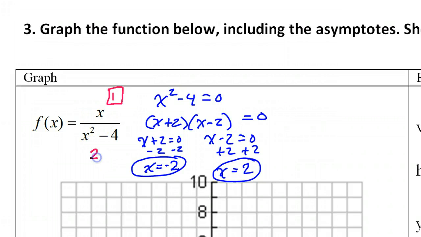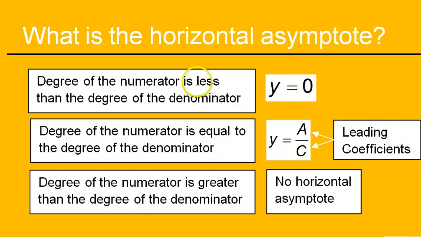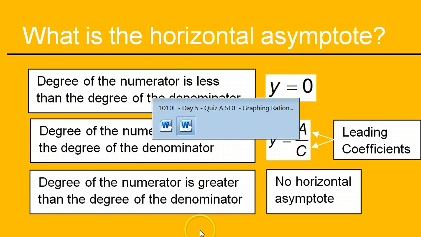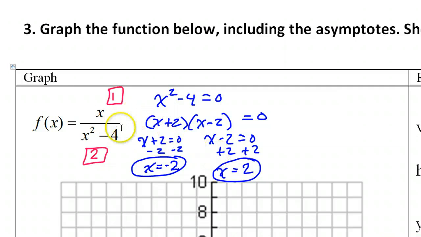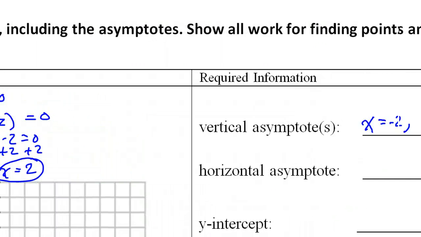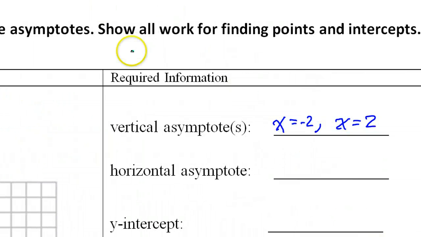The degree of the denominator is 2, x squared. So the degree of the denominator is greater, the numerator is less, and when the numerator degree is less, then y equals 0 is the asymptote. And this time there's nothing added on to the end to mess that up. So the horizontal asymptote is, in fact, y equals 0.